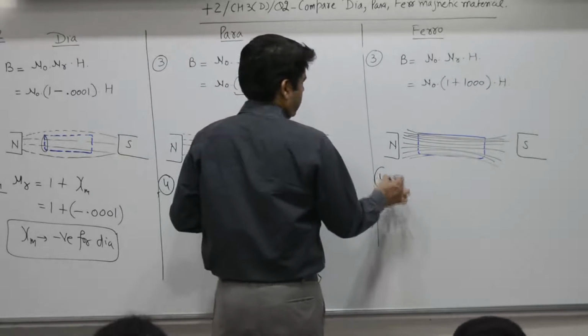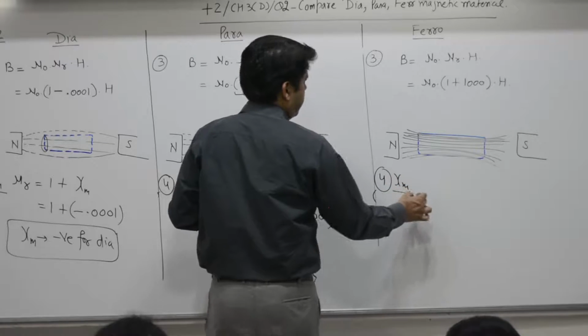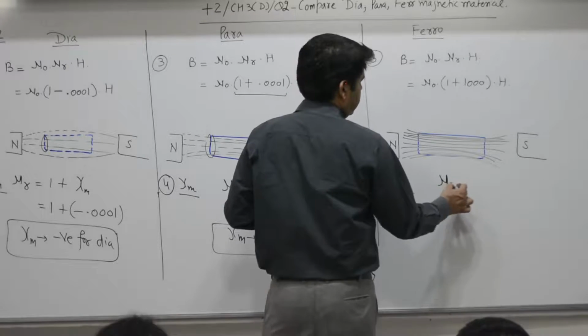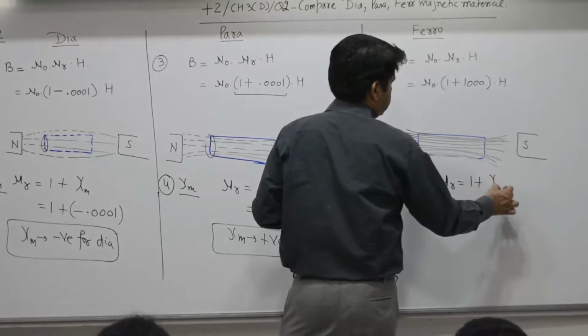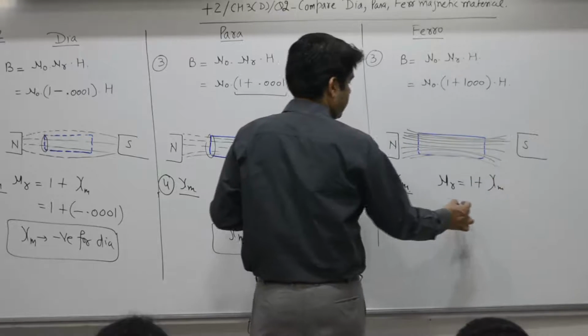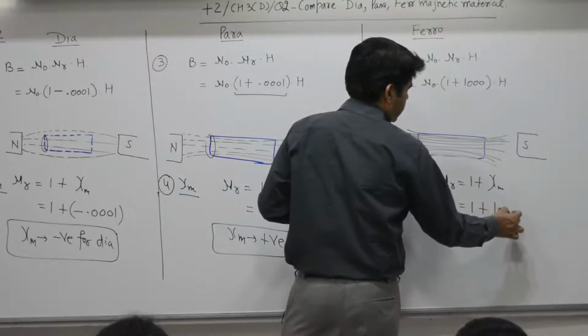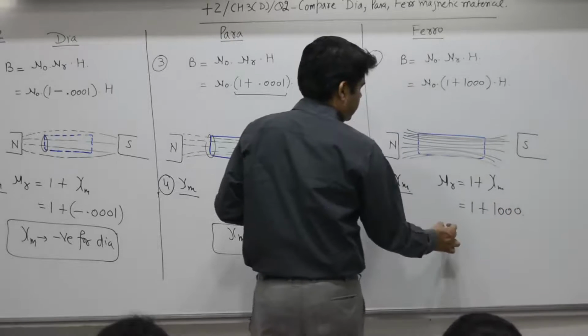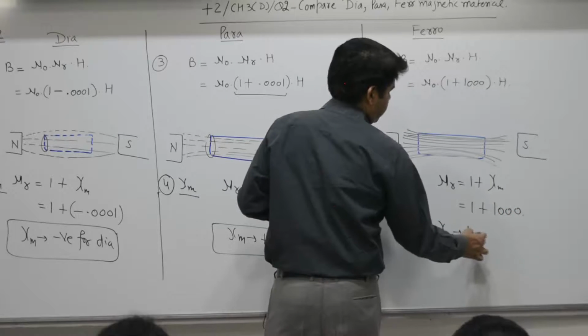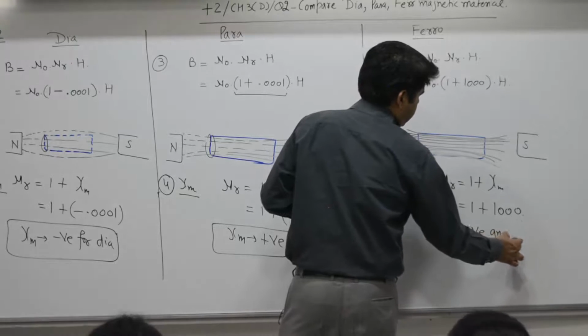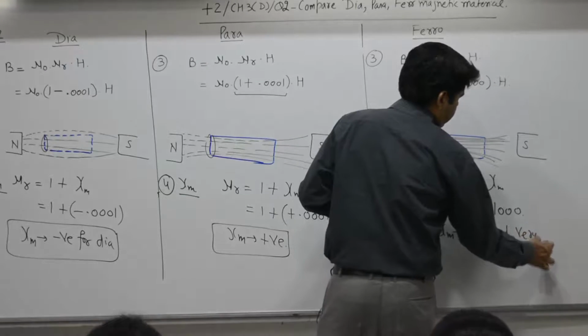So, susceptibility status: mu r is equal to 1 plus susceptibility, equal to 1 plus 1000. Susceptibility is positive and very large.